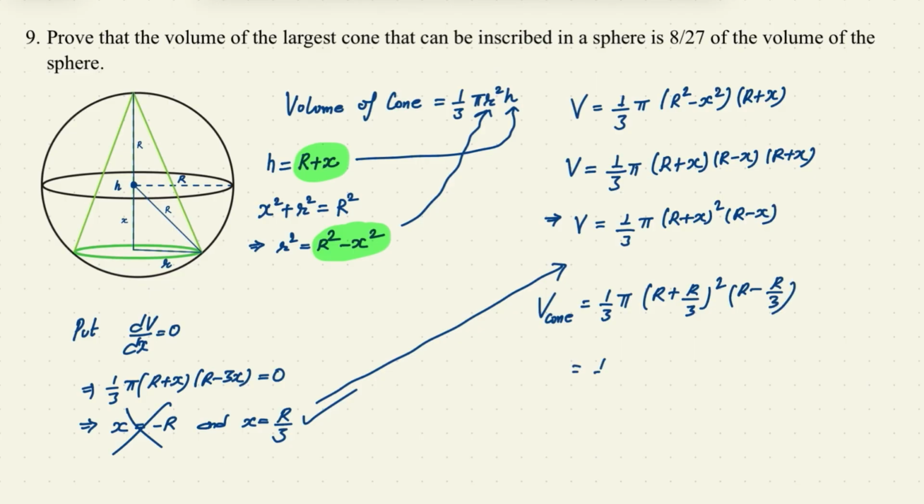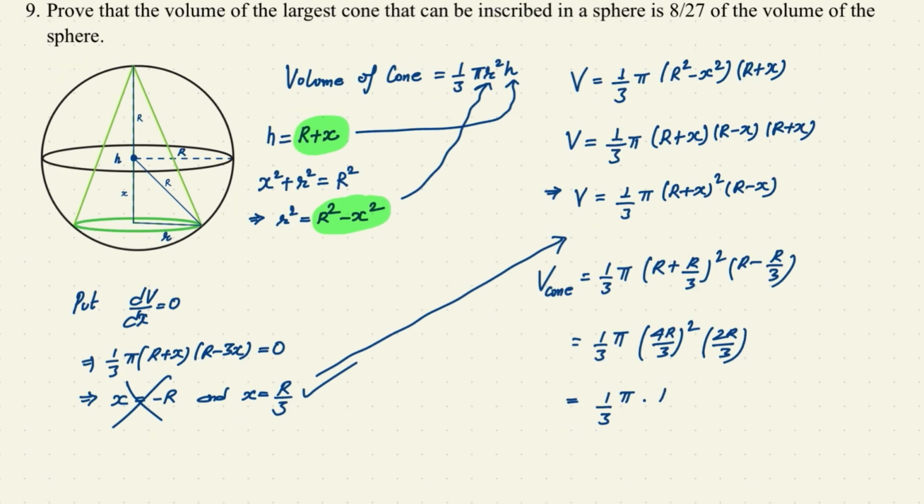So this equals (1/3)π(4r/3)²(2r/3). On simplifying we get (1/3)π(16r²/9)(2r/3). So this equals (1/3)π(32r³/27).